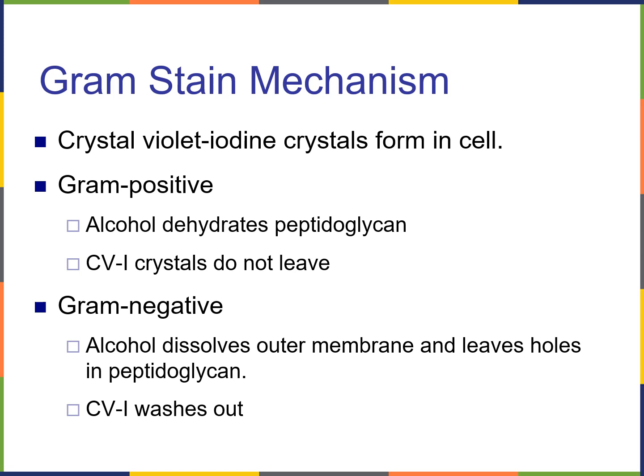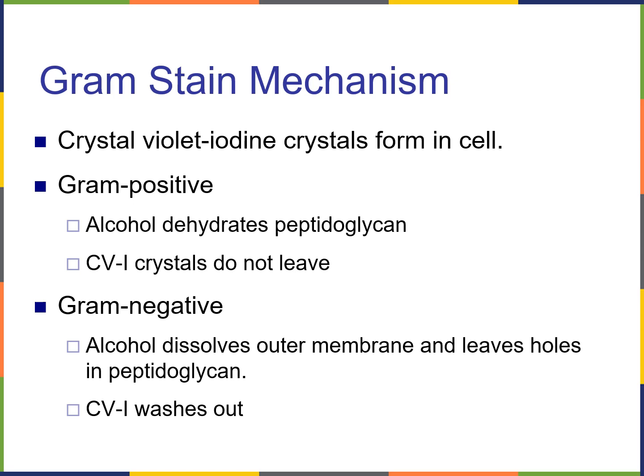It dehydrates it, forming a tight seal, trapping the crystal violet inside the cell. That is why the gram-positive cells with that thick layer of peptidoglycan are purple, because that purple dye gets trapped and held inside the cell due to the alcohol dehydrating the peptidoglycan.